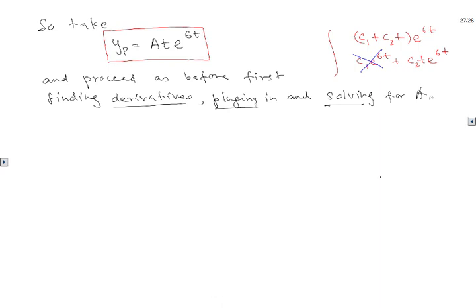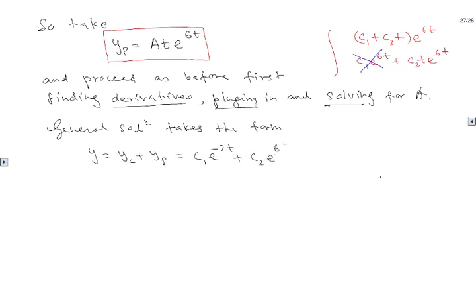So in this case, the general solution takes the form y equals yc plus yp. Yc is c1 e to the negative 2t plus c2 e to the 6t, and then you need to find that coefficient, A, times t e to the 6t.